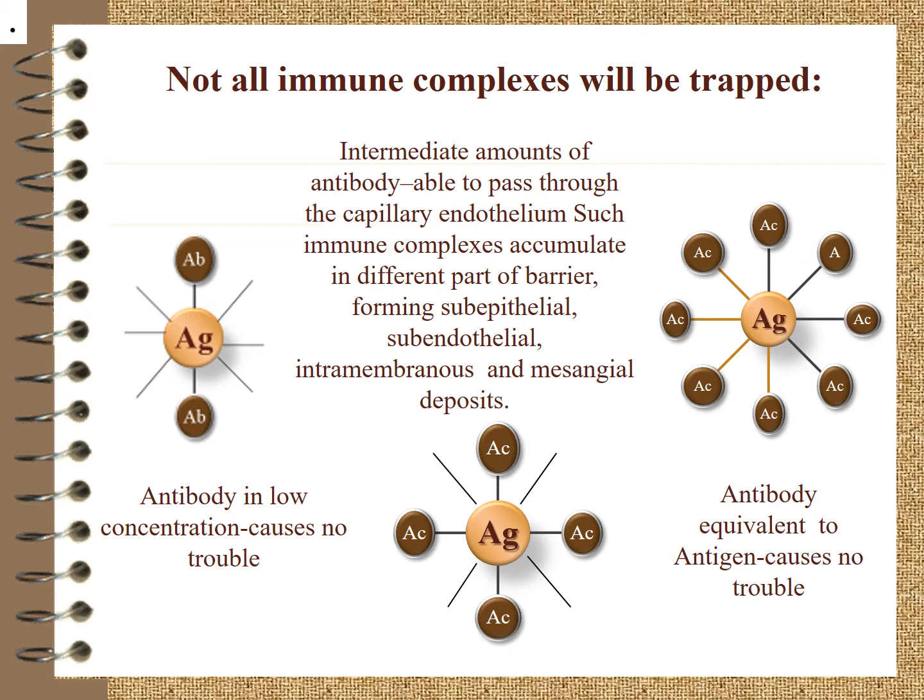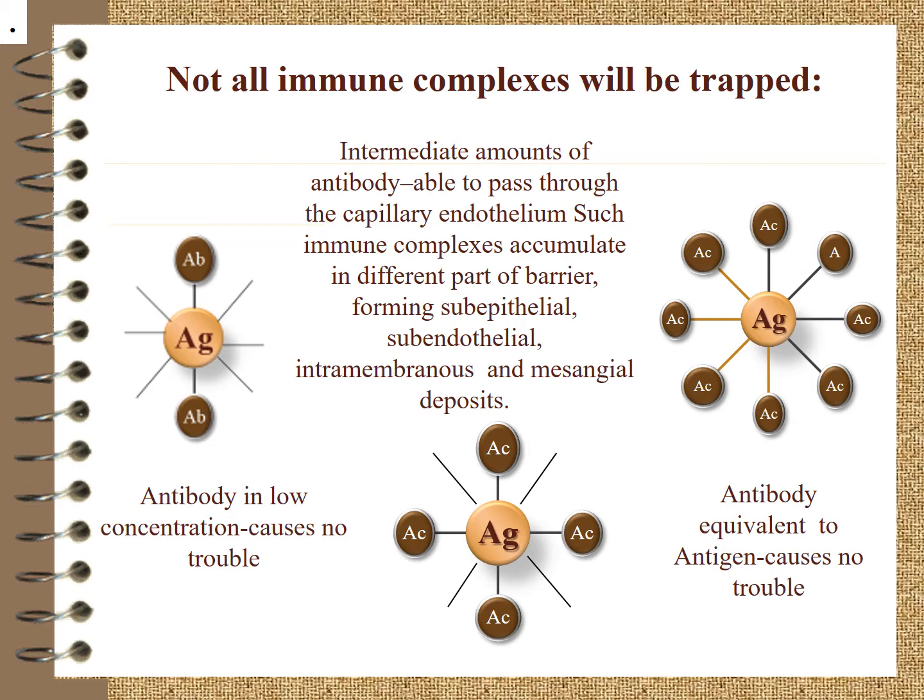The important factor is the size of the complex, and this will vary with the stage and intensity of the immune reaction. All are able to pass through the fenestrations of the capillary endothelium. Thereafter, the migration will depend mainly on their size and the degree of permeability of the basement membrane.